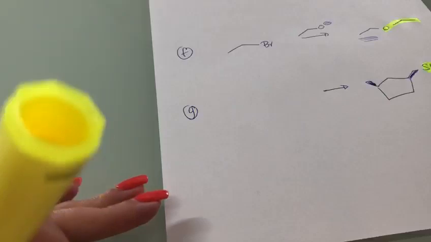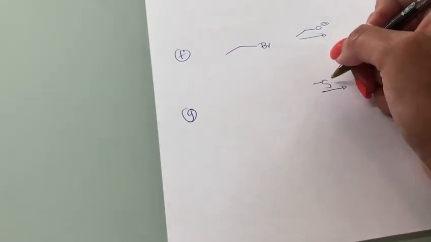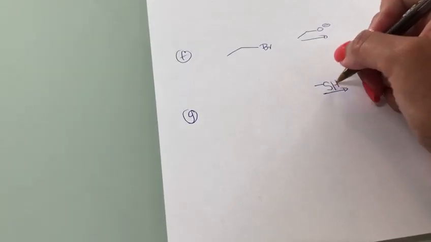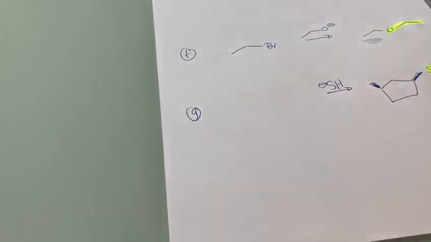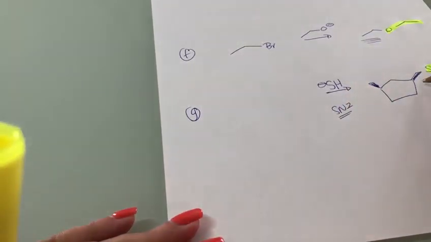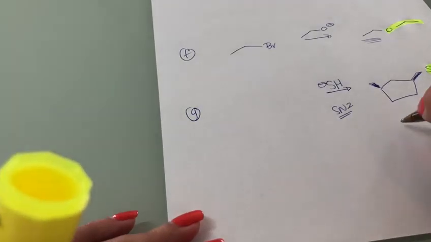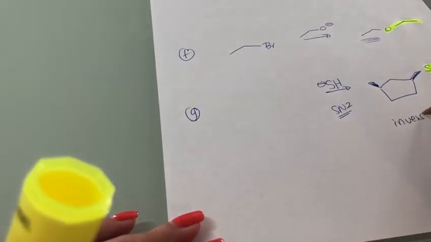So if we want to use a good nucleophile, this is a good nucleophile, so we want to go to the SN2, and because we see the stereochemistry here, keep in mind for SN2 we have the inversion of configuration.